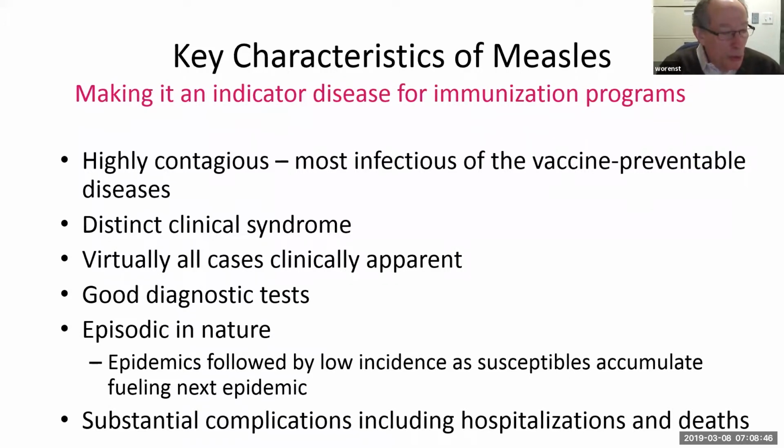Number two is there is a distinct clinical syndrome. Now, there is a differential diagnosis. Rash illness with fever is not necessarily measles, but in contrast, for example, to polio, where the vast majority of infections are not clinically apparent paralysis, everyone who gets measles has a rash illness with fever.